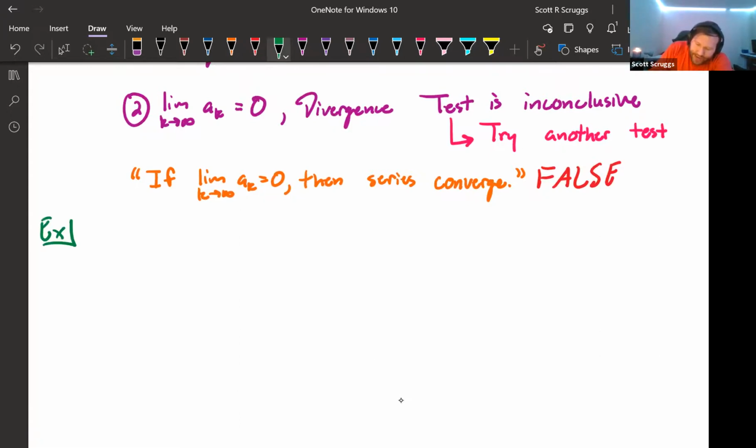As an example, some examples to illustrate that point. Let's look at these two series: 1 over k squared and 1 over k.